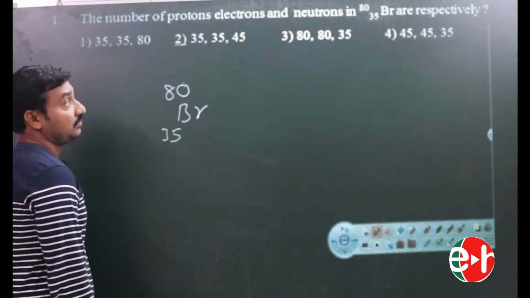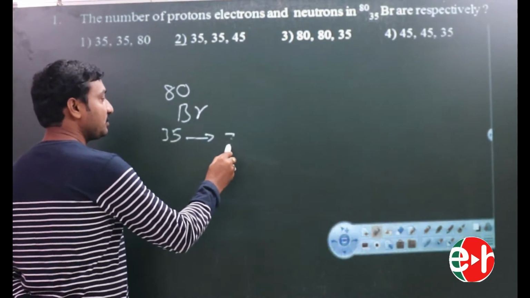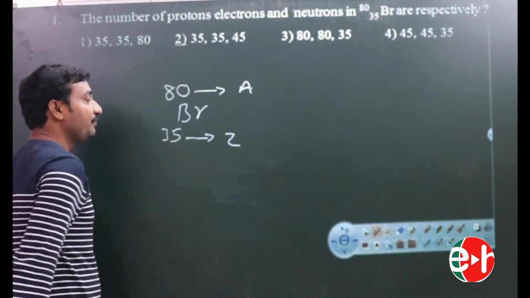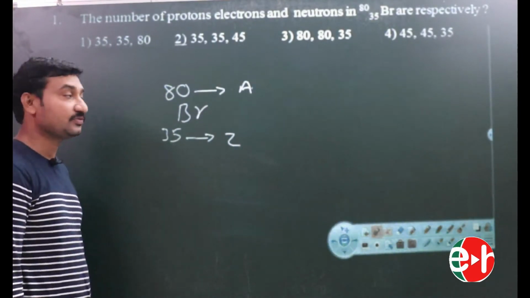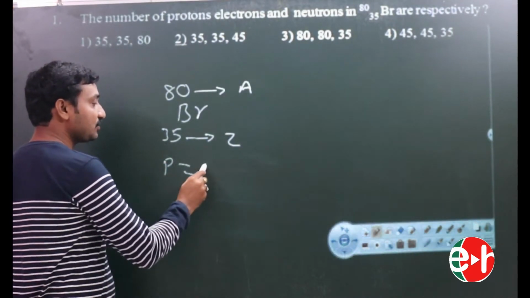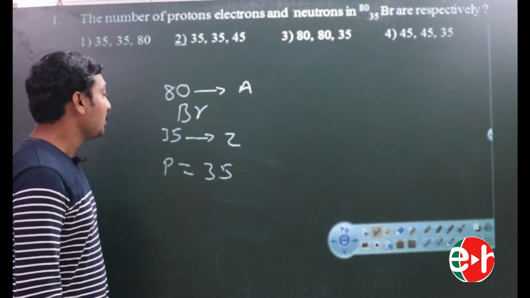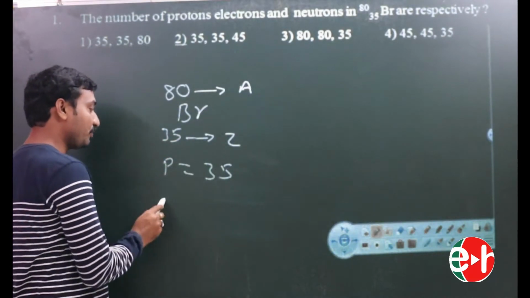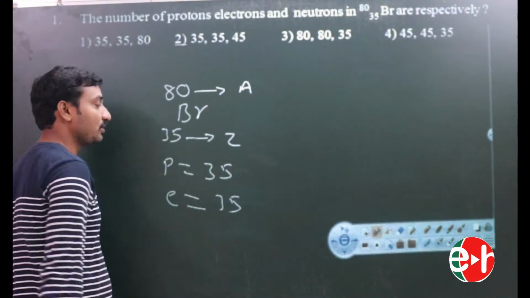Here this is atomic number Z and this is mass number A. We know in a neutral atom number of protons equals atomic number, so number of protons is 35, and also number of protons equals number of electrons in a neutral atom. So this is a bromine neutral atom, so number of electrons is also 35, equal to protons.